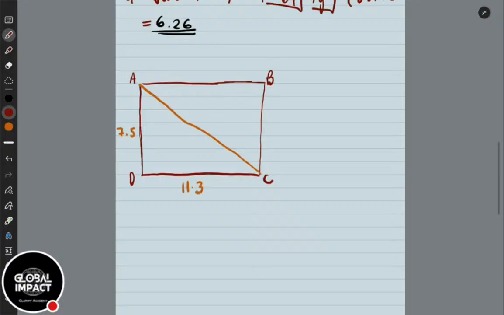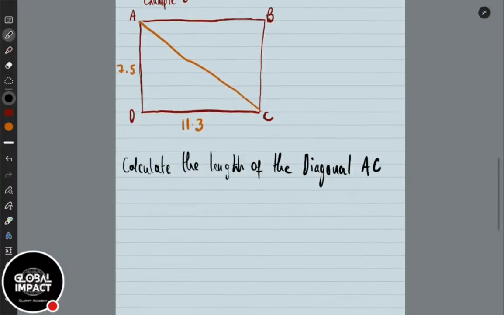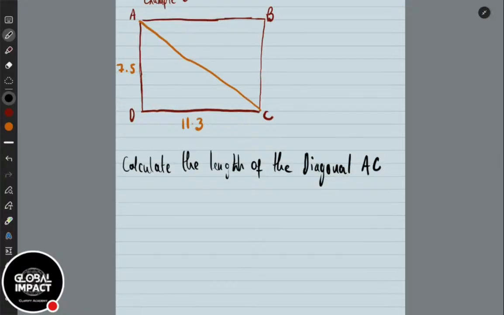And the question, this is example 3, which now says, calculate the length of the diagonal AC.